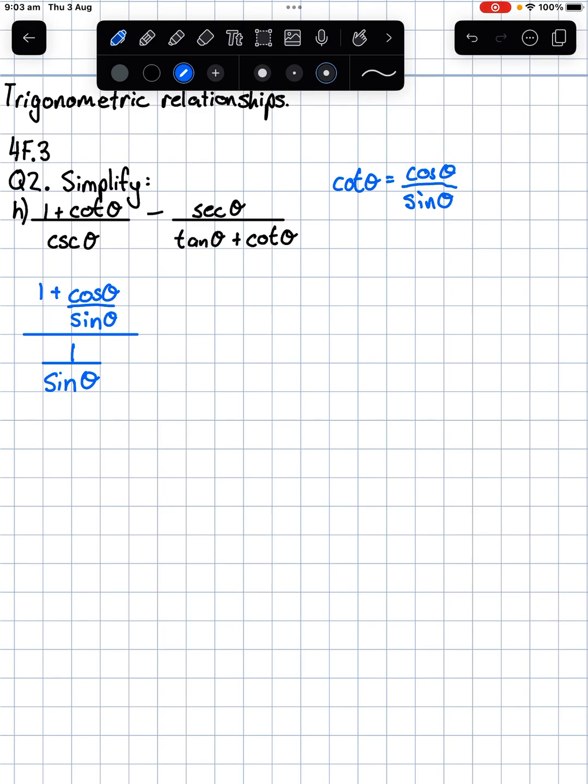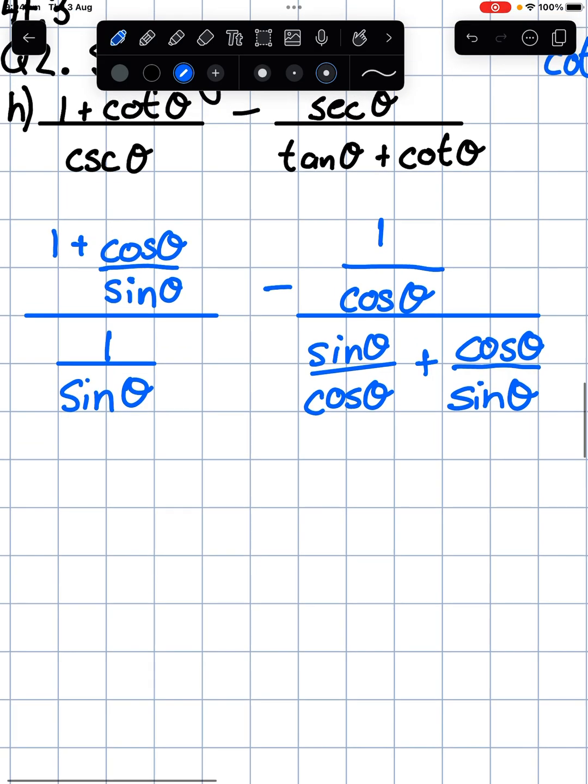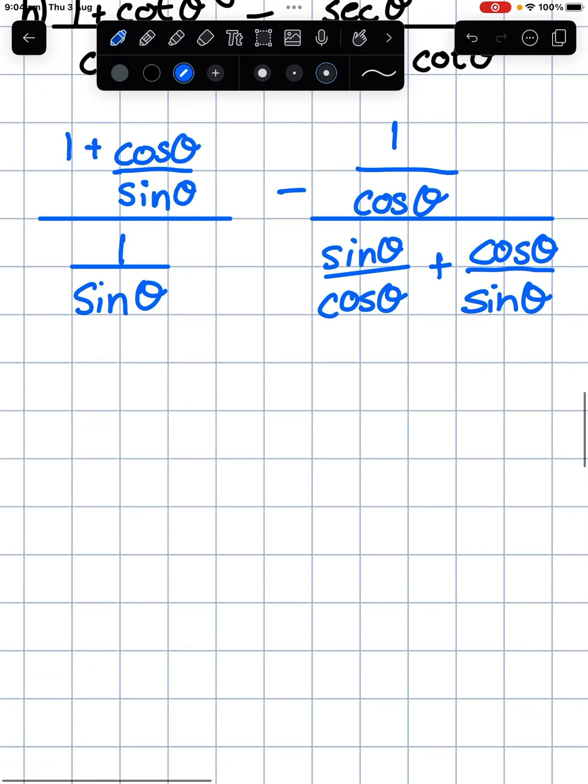We've then got minus secant, which is 1 over cos theta, and this one here is sine theta, which is the tangent, sine over cos theta, plus cos theta over sine theta. Now, I regret that we tried this as a strategy, but we didn't change the cotangents. We kept doing them as tan, so that's why we were running into trouble.